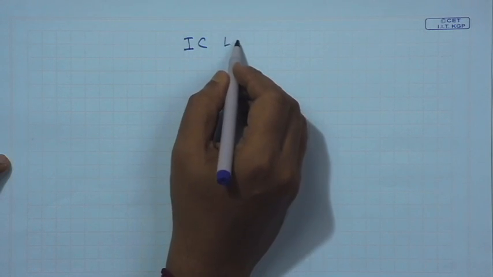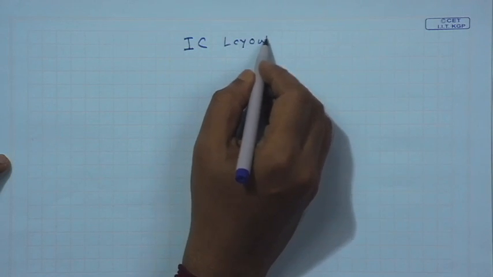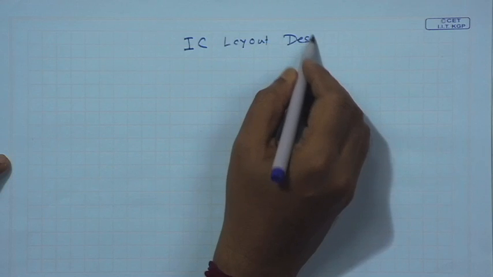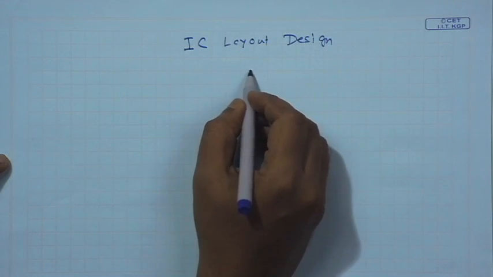So, in this module we will discuss another two forms of IP. In the last module we discussed two forms of IP, trademark and geographical indication, and in this module we will also cover two other forms of IP, that is IC layout design and trade secret.